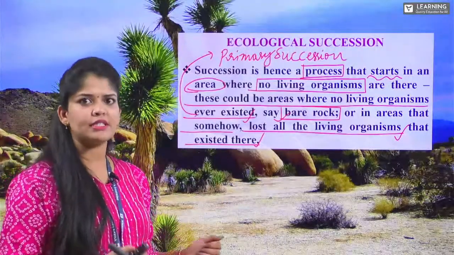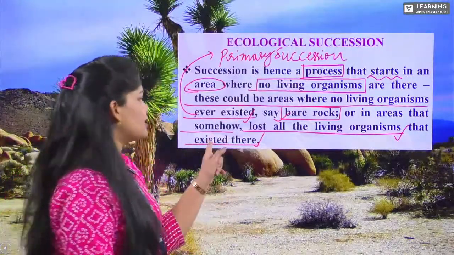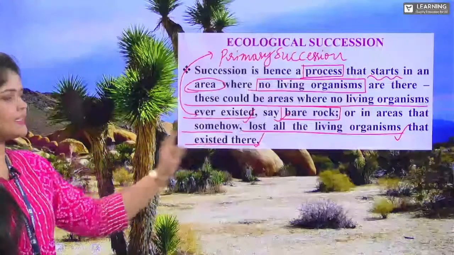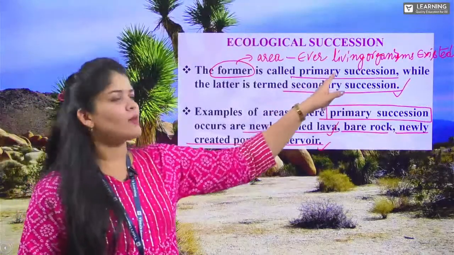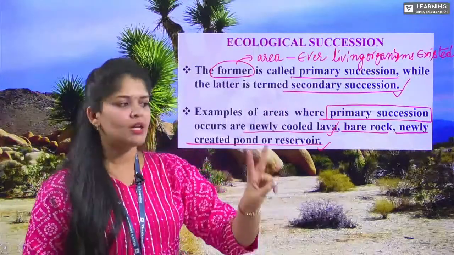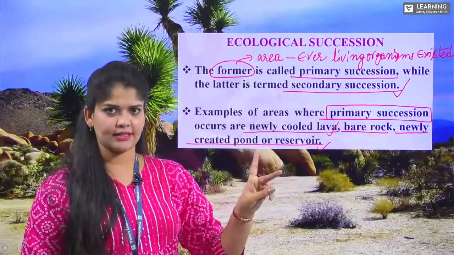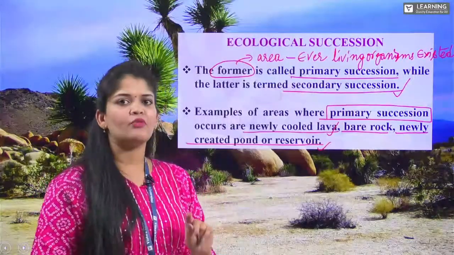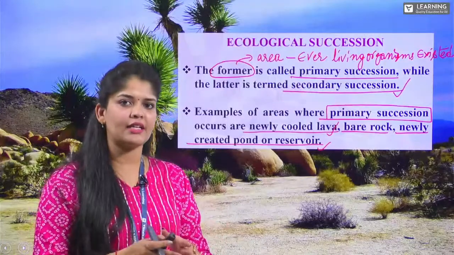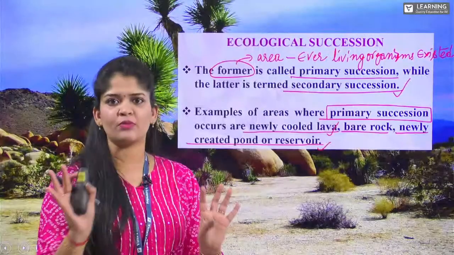It may be natural reasons or man-made reasons. So this is how we have come to understand the two types of succession, primary succession and secondary succession. Primary succession happens in the area where life never existed, whereas secondary succession happens in the area where it lost the living organisms due to some reasons.